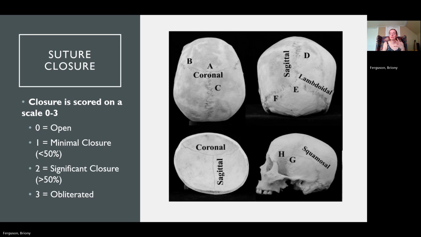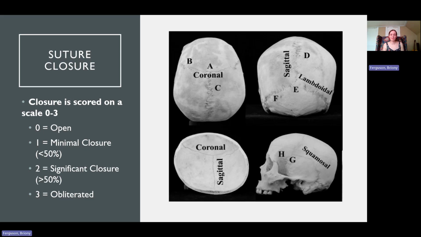Now, different sutures close at different rates. So some are a little bit more predictable than others on what age people are going to be whenever they start to obliterate. However, the same suture, maybe we're looking at the coronal suture, it's technically going to come down into your parietals, and maybe that spot right in the middle where all 3 of the sutures meet isn't fully obliterated, but the spots on your parietals might be obliterated.